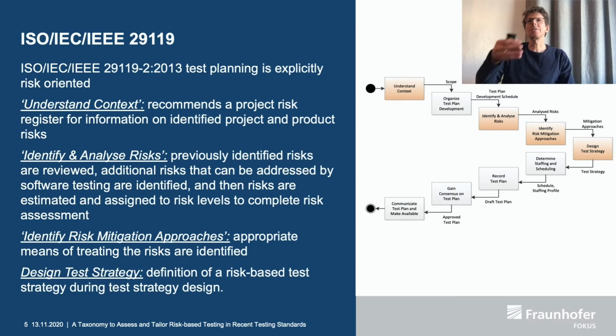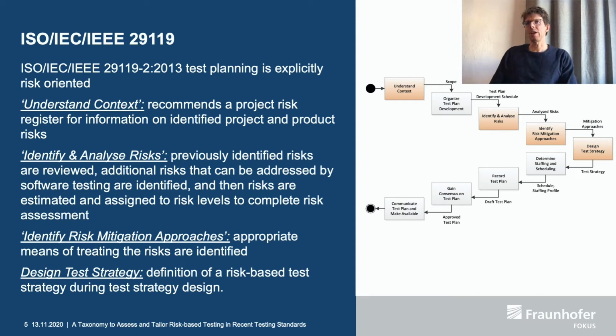First of all, this looks quite simple, like a typical risk estimation process. You start with understanding the context where initial risks are identified, and 29119 recommends to have a kind of risk register where you register all the items and artifacts that drive the risks.